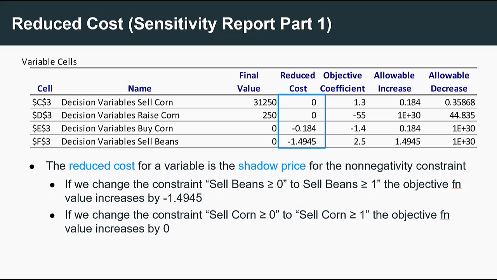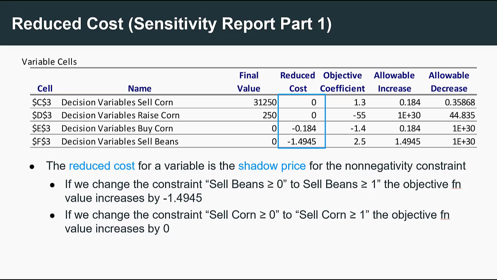So that is actually kind of linked to the concept of shadow price. Shadow price is also telling you what's going to change to the objective function value if you relax the right-hand side value of a constraint. So let me explain it in a little more detail here.